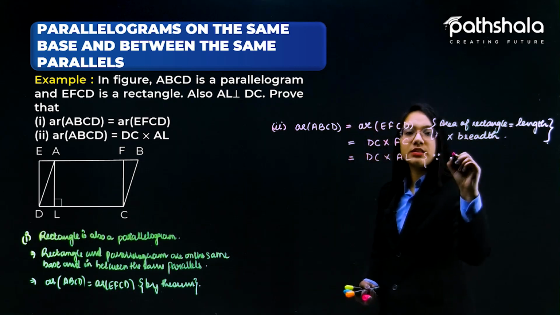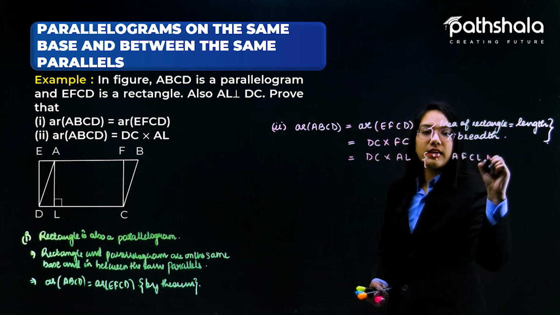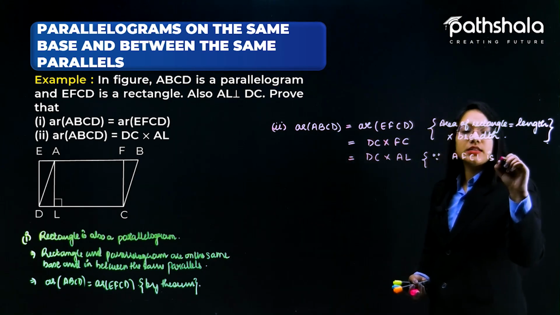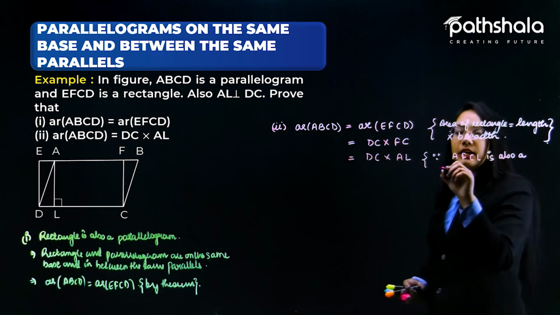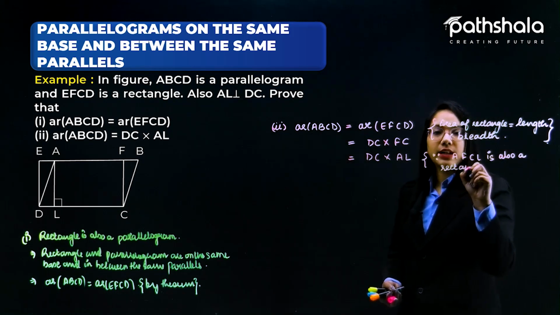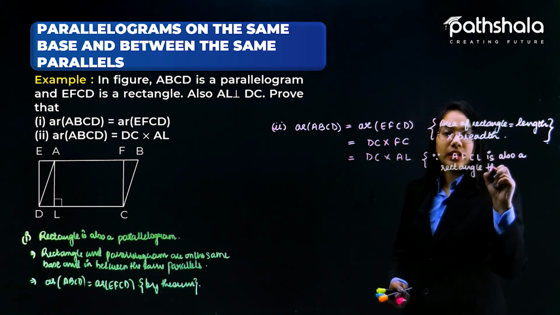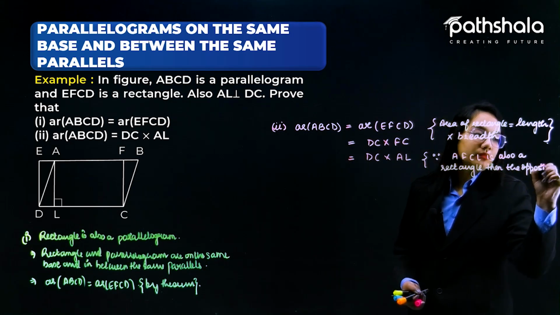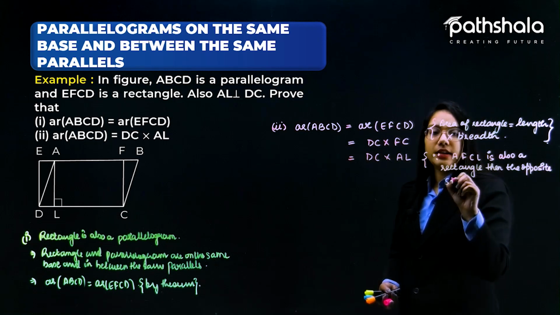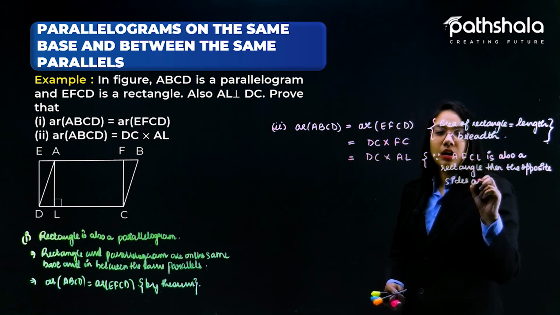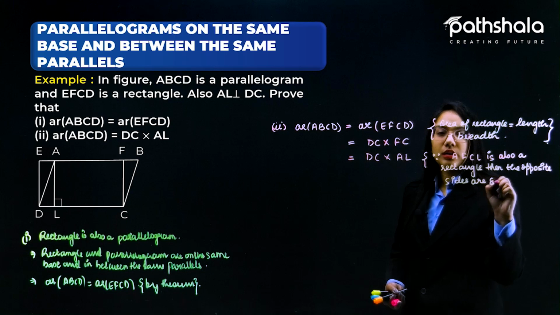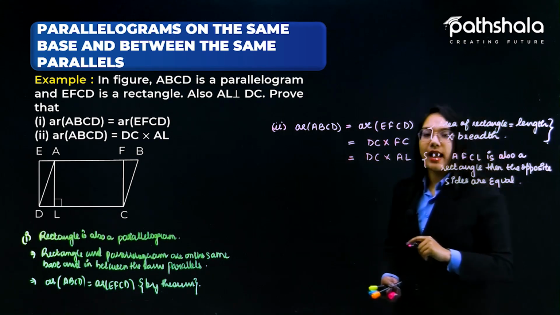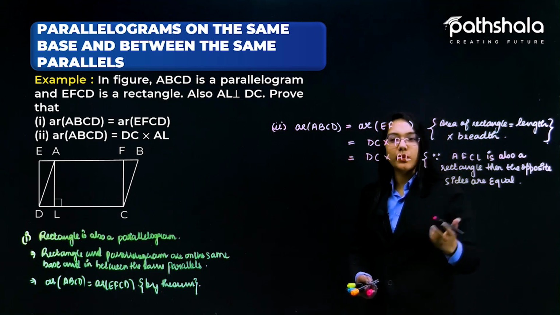Because we know that since AFCL is also a rectangle, then the opposite sides are equal. AFCL is a rectangle, then its opposite sides are also equal.